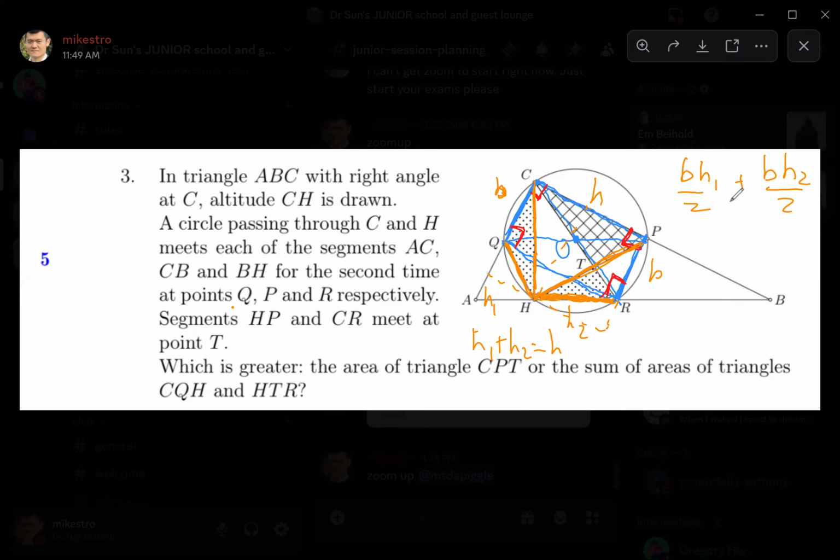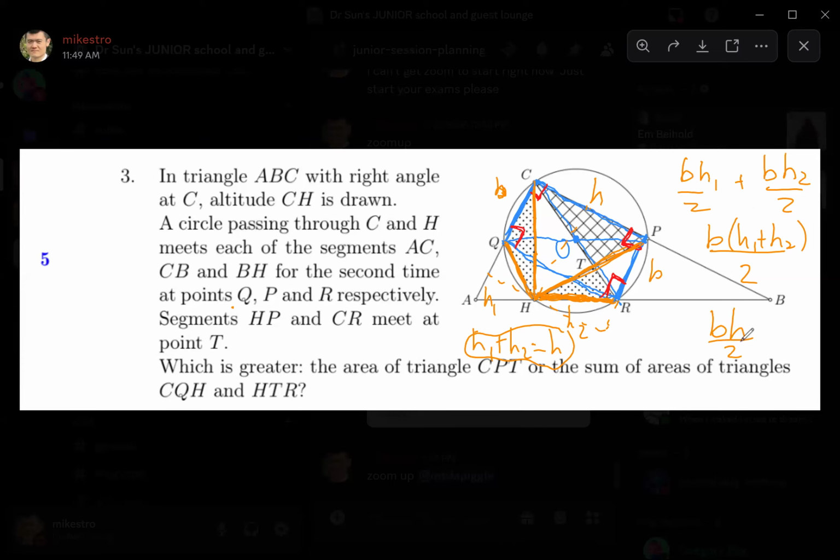If you add this up, they're already over 2, and they both have a base, so it's really just h1 plus h2. But h1 plus h2 is h, so this is just bh over 2.